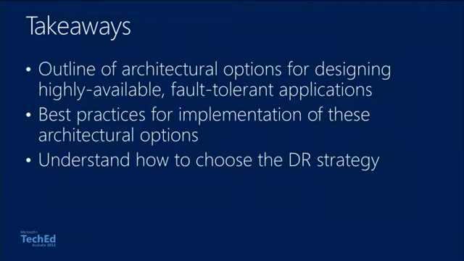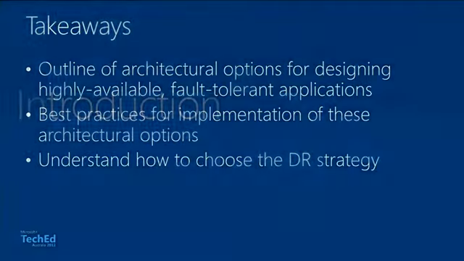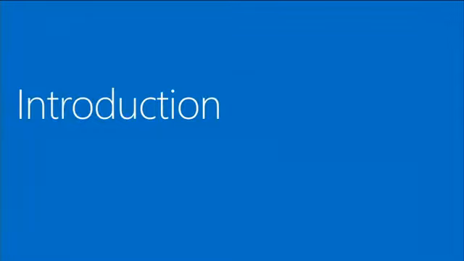Is that acceptable? Is that a fault-tolerant application? No. So it's important to understand the best practices of implementing and understanding how to choose and what impacts they have. So, in introduction, one of the things is, what is disaster recovery?